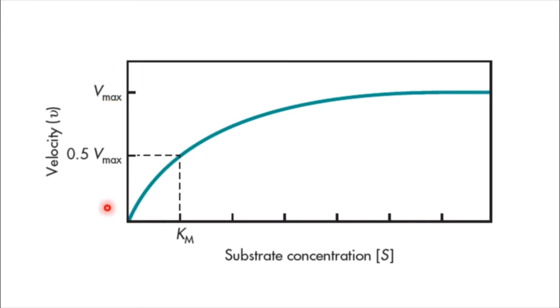The concentration of a drug that gives half of the maximum velocity of metabolism is called Km, or the Michaelis-Menten constant.